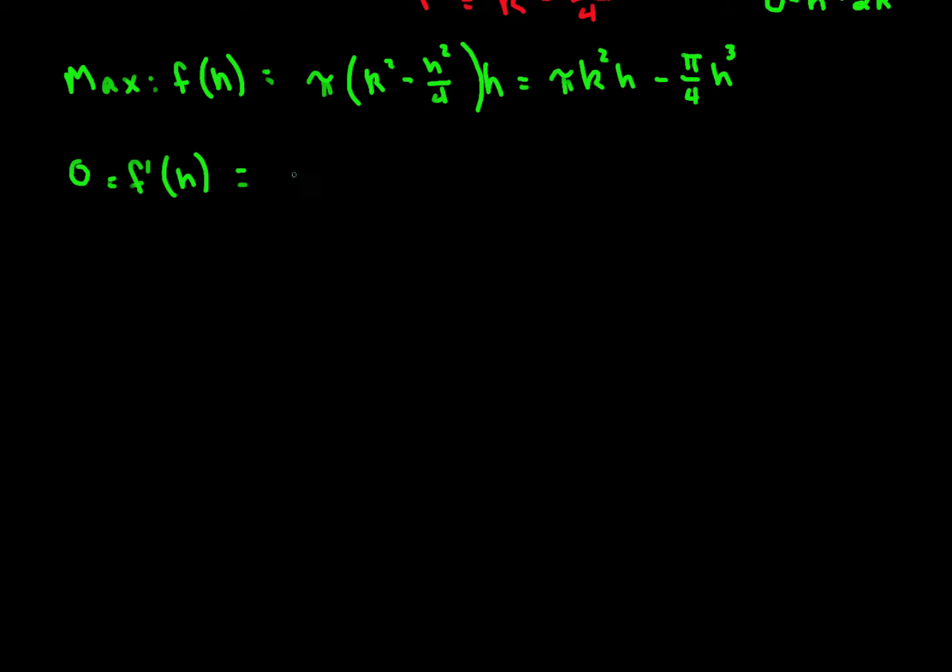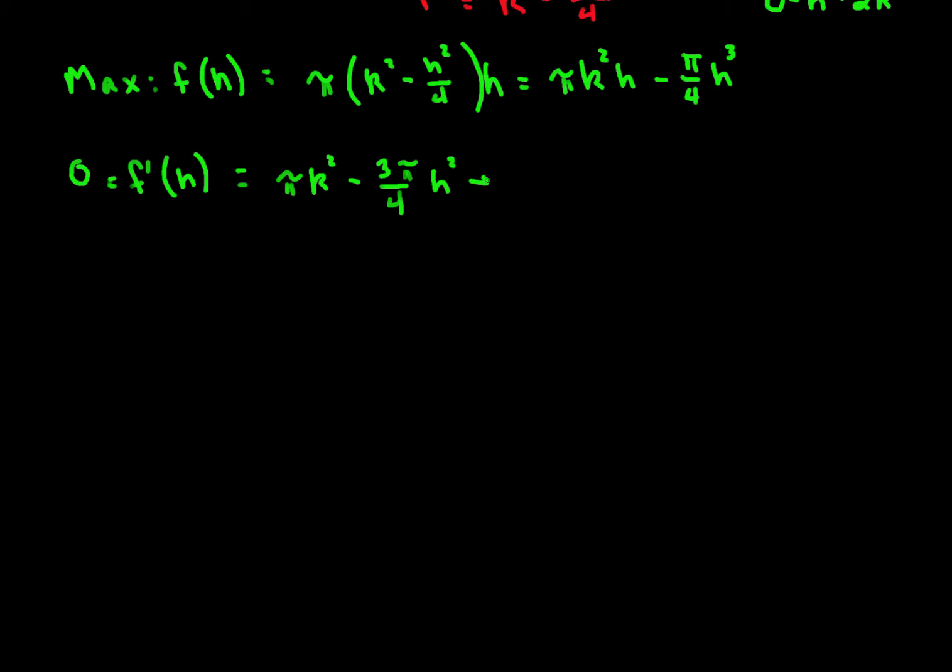So this is equal to pi times k squared minus 3 pi over 4 h squared, and this whole thing is equal to 0.